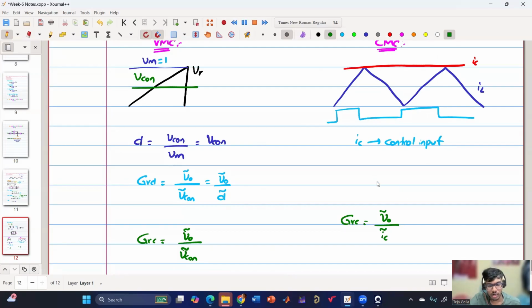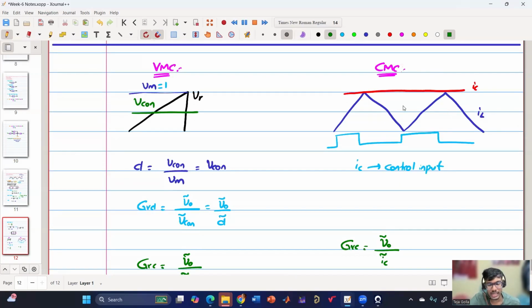Whereas in the case of current mode control, it is not directly related, but it is kind of related. So say this is my IL1, then my D perturb is nothing but IC perturb minus IL1 perturb by slope M1 into M1, right? M1 T. So my D perturb is not equal to IC perturb. So my GVC is not equal to GVD.